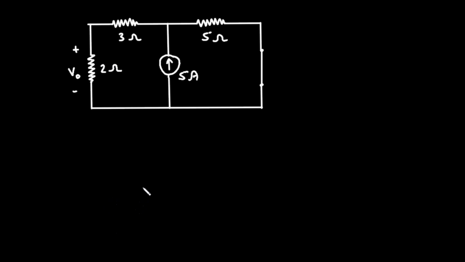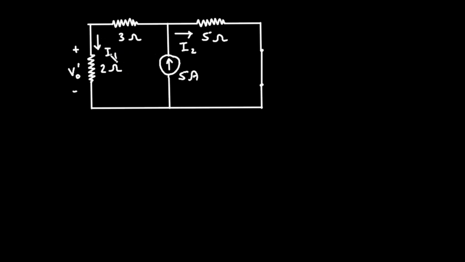Or we can directly use the current division rule to find this current. Let's say this current is I1 and this current is I2. And since we are finding VO caused by the 5 ampere current source, let's consider this as VO prime.